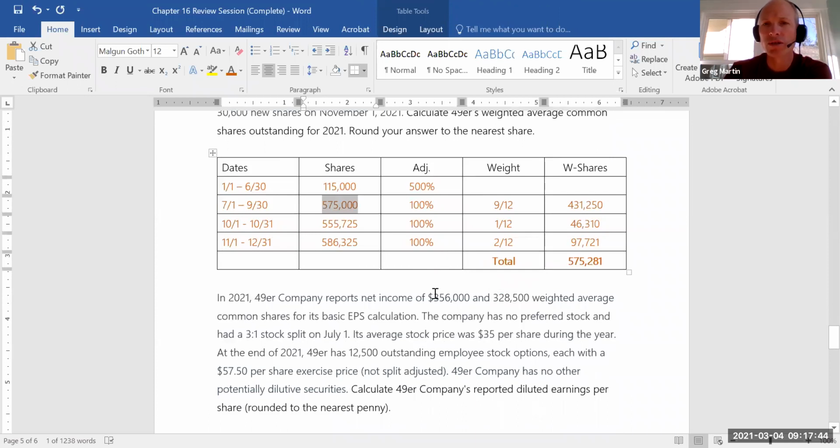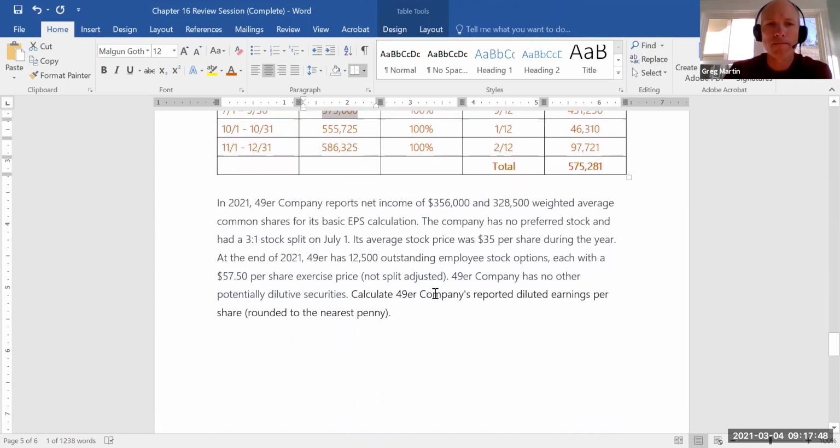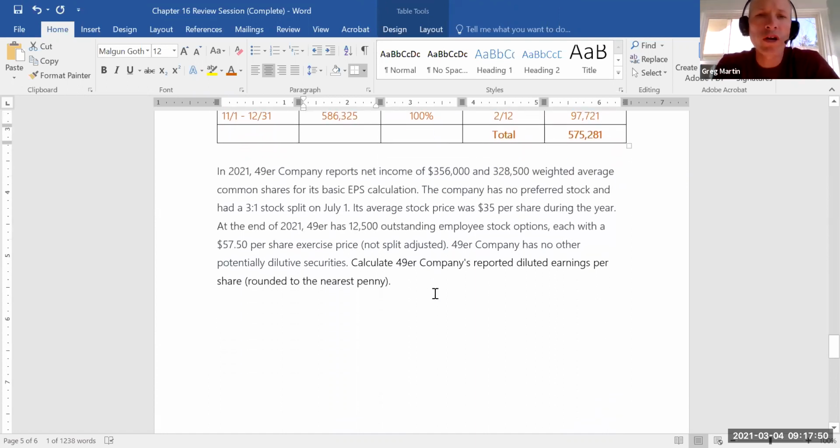Any other questions? Okay. So in 2021, 49er Company reports net income of $356,000 and 328,500 weighted average common shares for its basic earnings per share calculation. The company has no preferred stock and had a 3-to-1 stock split on July 1st.